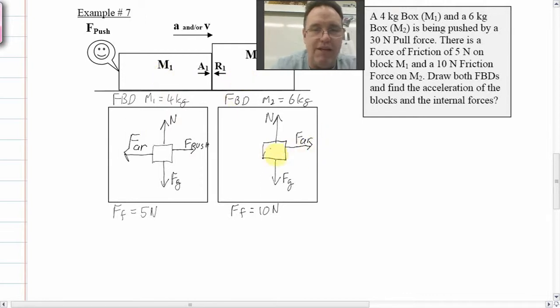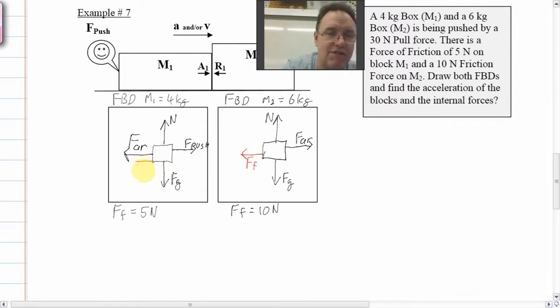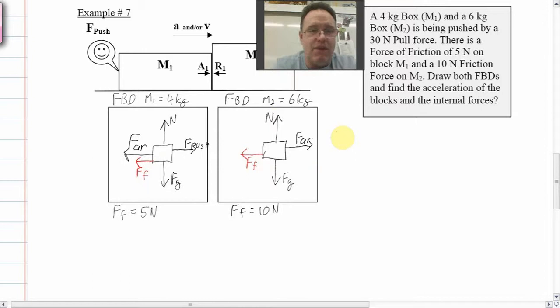But there is a frictional force on both of them, and the frictional force drags back. That's it. There are no more arrows to draw on our free body diagram.